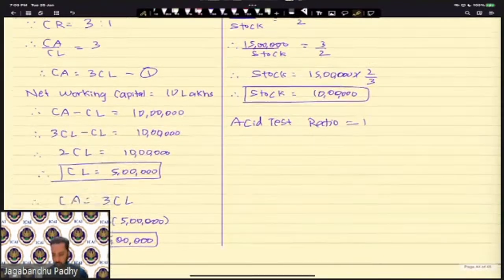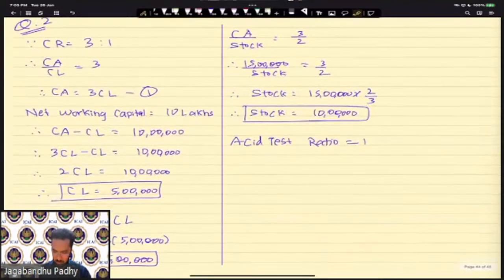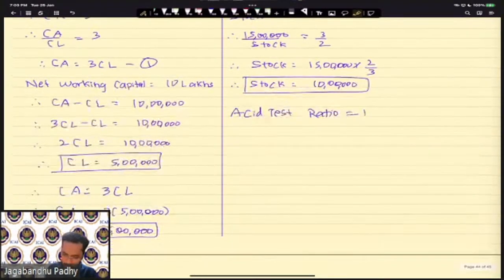So acid test ratio should simply be, as a confirmation, current asset minus stock upon current liability, which should be 1.